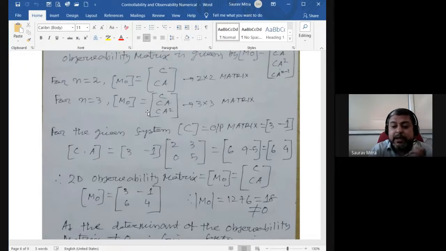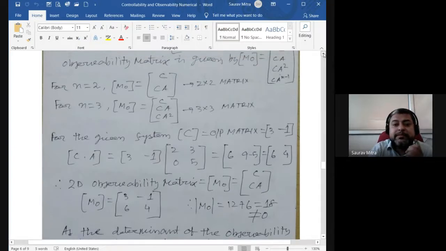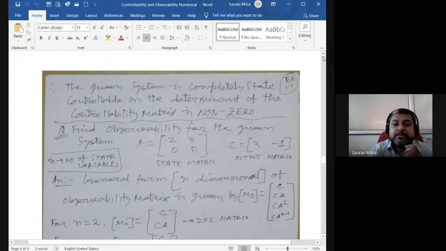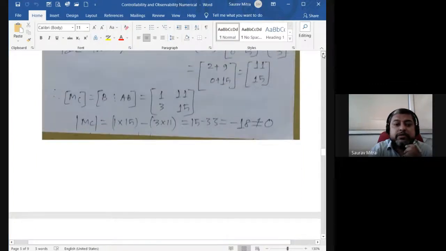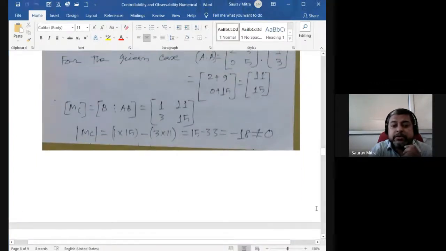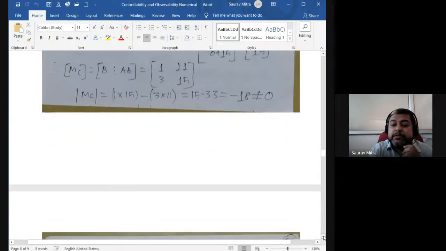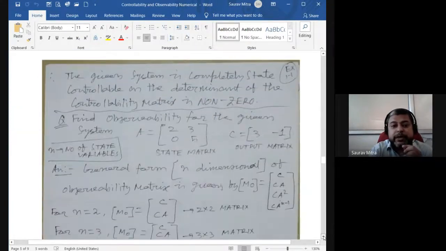I will repeat, the dimension of the A matrix will be the same as the dimension of the controllability matrix and observability matrix. You can check the previous numerical, the A matrix was 2 by 2, so the controllability matrix was also 2 by 2, and we will find that the observability matrix is also 2 by 2.